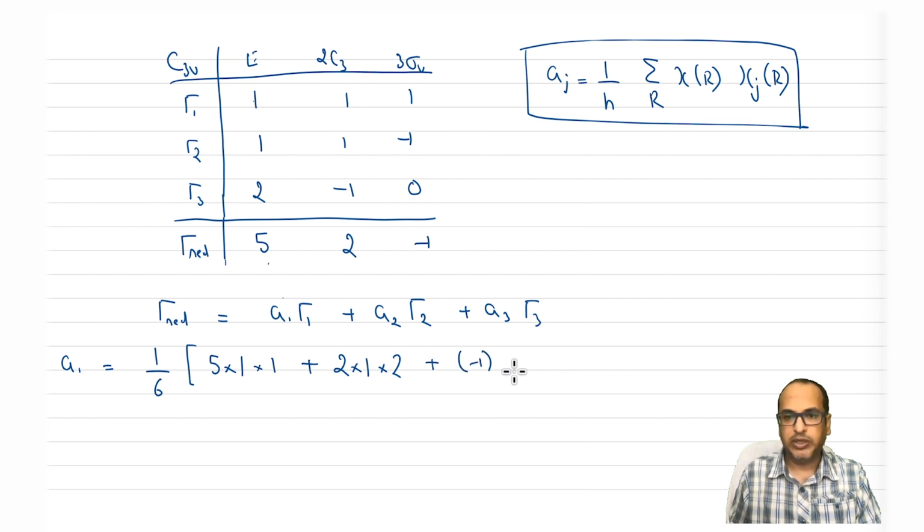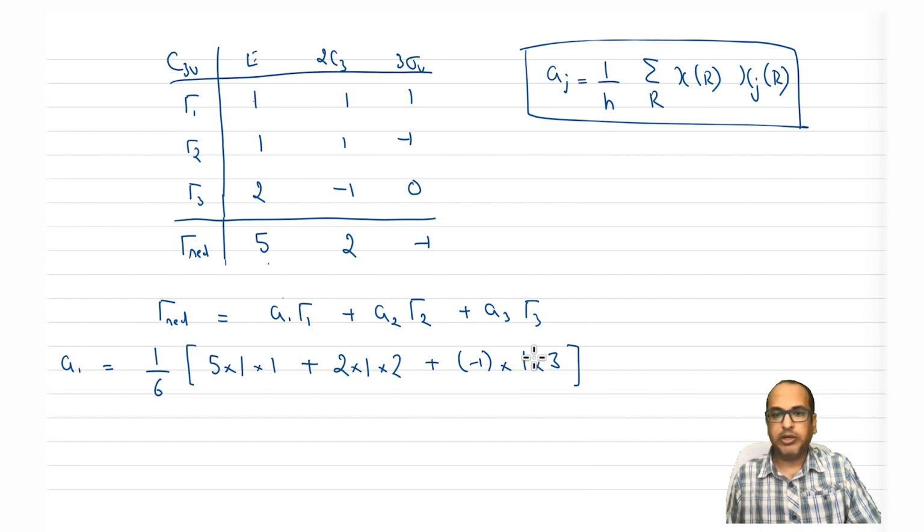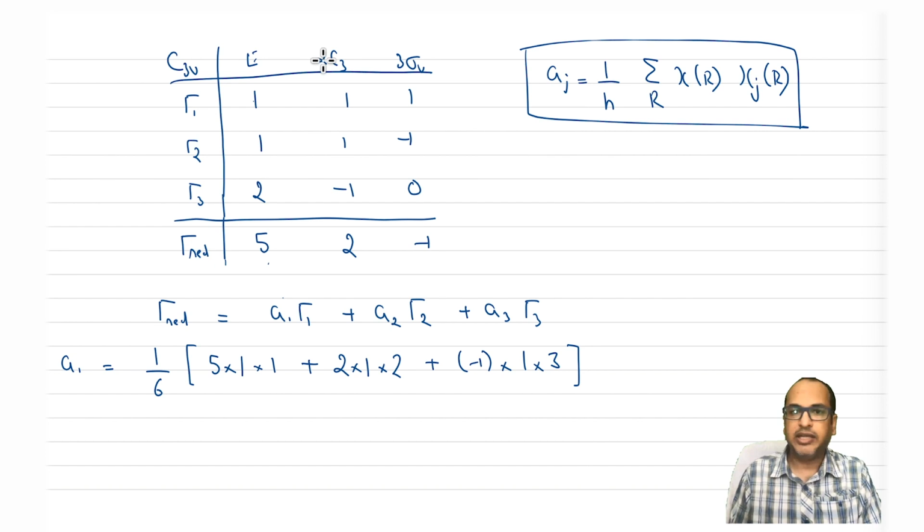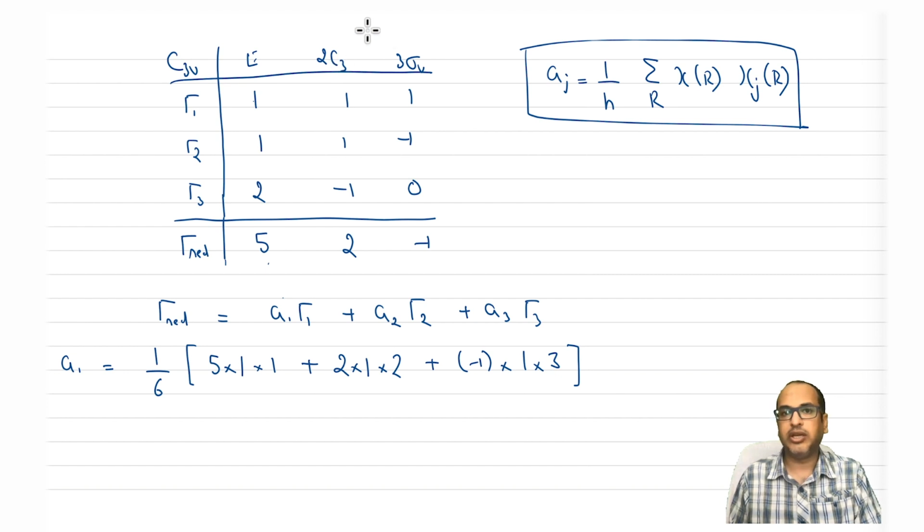Plus minus 1 into 1 into 3. Remember, we have to take summation over all symmetry operations, and if we do not multiply it with class size, that means we are not taking summation over all symmetry operations, because then we'll leave out C3 square, or we'll leave out sigma V2 and sigma V3. So we have to include all of this. So that's why this multiplication with class size is important, right?